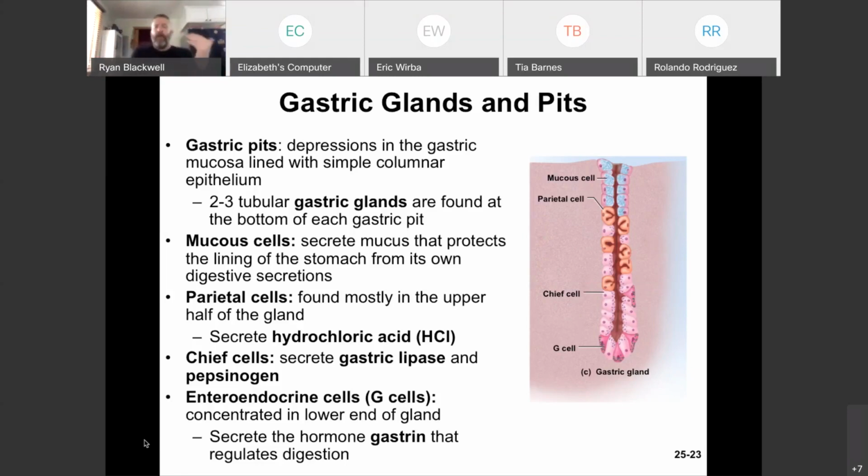So today I really want to focus on the digestive products that are either produced by cells lining the digestive tract or by the accessory organs, liver, gallbladder, pancreas, that secrete their products into the digestive tract.